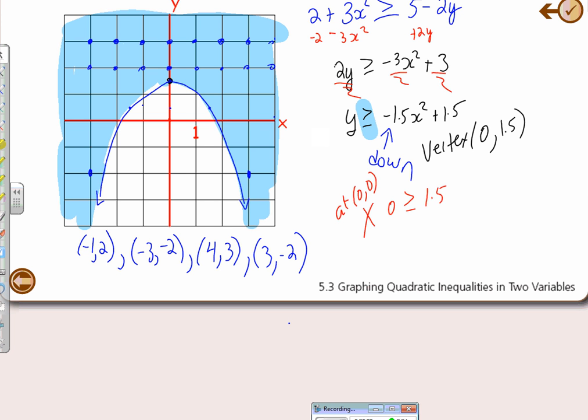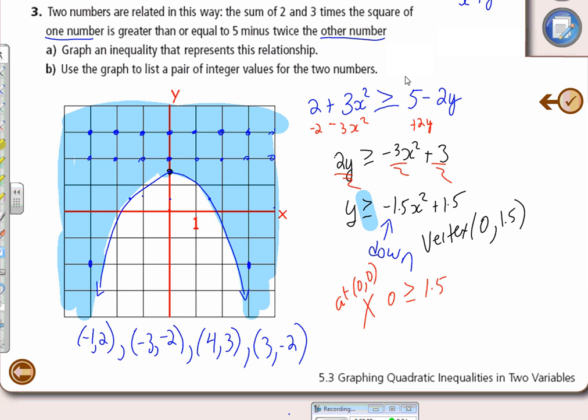Let's make sure that it actually works out. I want to substitute it back into my original inequality, just in case I did this wrong. This is where a lot of students make their mistakes, in writing this first inequality. So let's go right back to the information from the question.